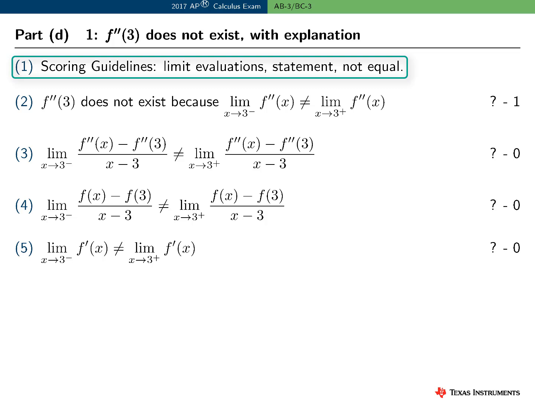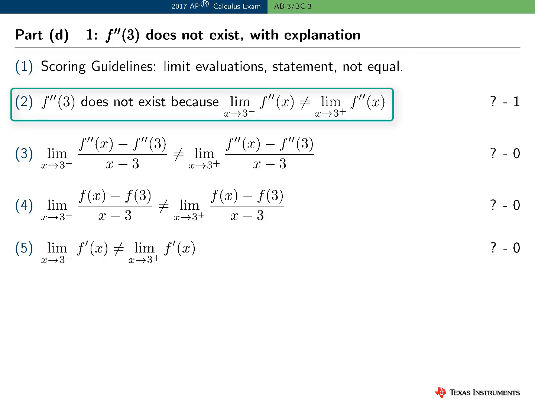Therefore, the overall limit does not exist, and therefore f double prime of 3 does not exist. Here's a minimal response to earn this point. If the student said that f double prime of 3 does not exist, because those two one-sided limits are unequal without any calculations, they would earn this f double prime of 3 point.